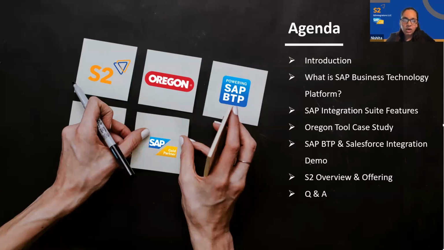We will then explore the key features of SAP Integration Suite, which plays a pivotal role in connecting diverse applications and systems. We will post that dive into a real-world example with Oregon Tool as a case study and discuss how the integration initiatives and a strategic business approach led by Mr. Raghu Reddy and Anirudh Reddy resulted in a notable success for Oregon Tool and S2.